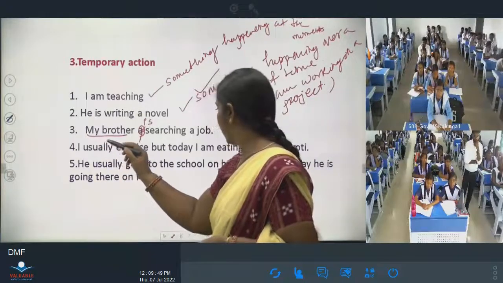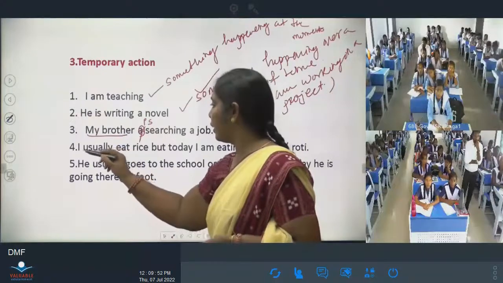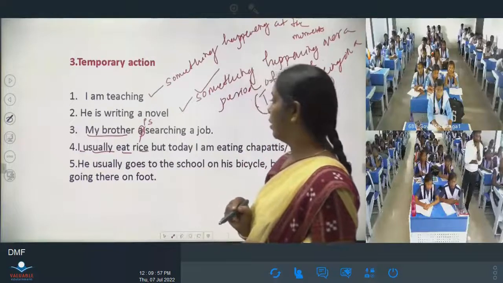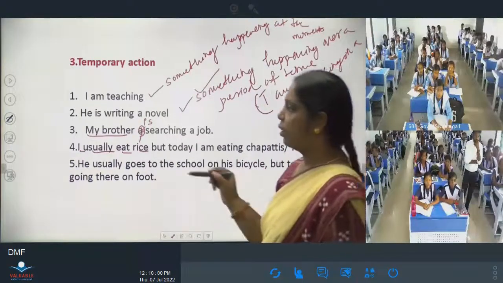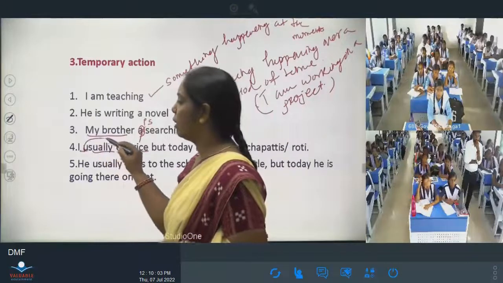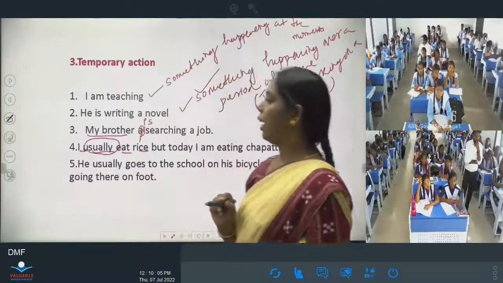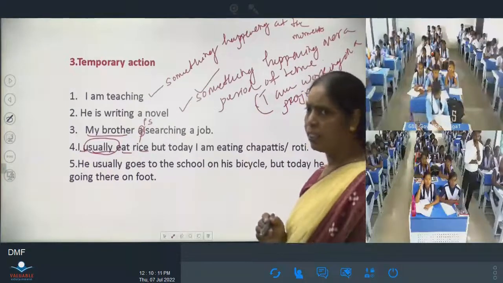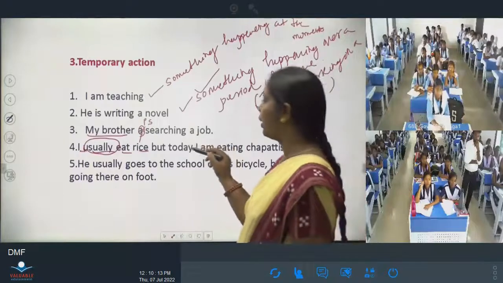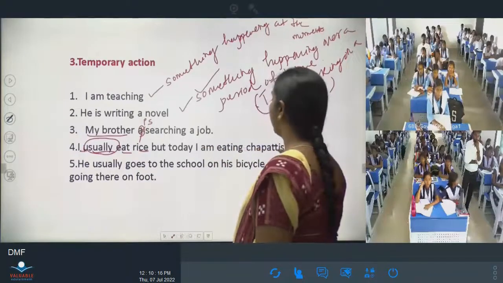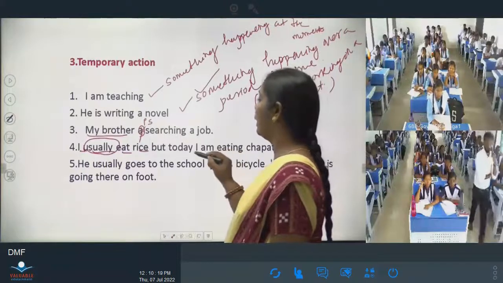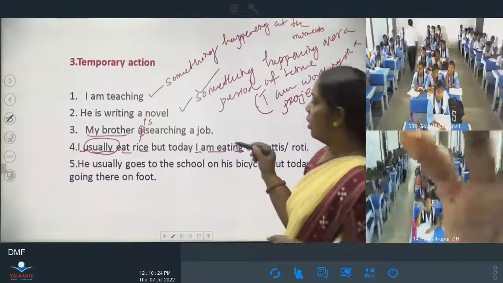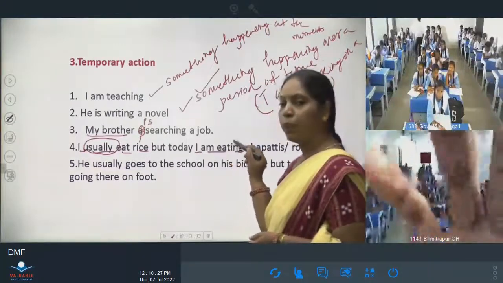Look here at the example. I usually eat rice. Here it is simple present tense. The truth here is that usually. I usually eat rice. Every day he eats rice. But today I am eating chapatis or roti. I am eating. Here it is present progressive tense. Why is it present progressive tense?